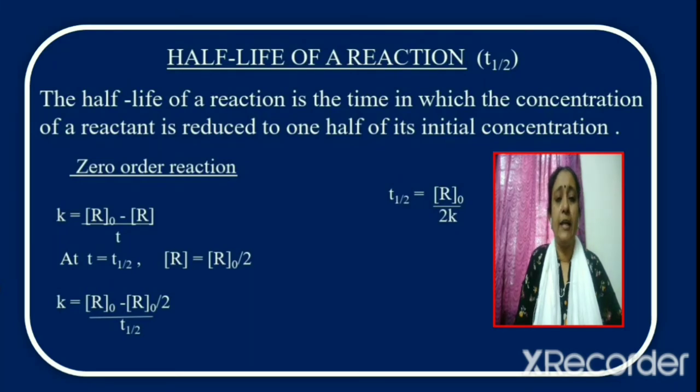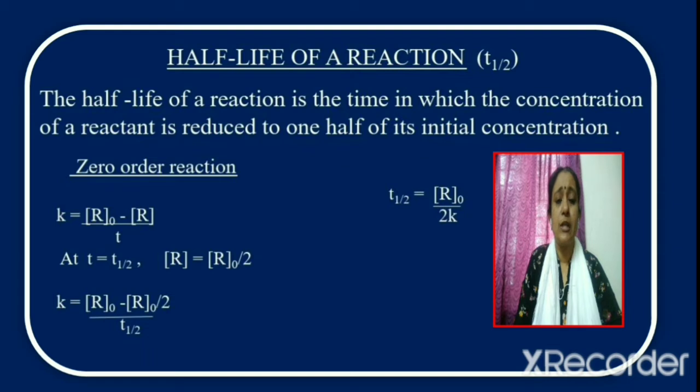What is meant by half-life of a reaction? The half-life of a reaction is the time in which the concentration of a reactant is reduced to 1/2 of its initial concentration. It is represented as t half. Let us now try to derive an expression for t half for a zero order reaction. We know that the rate constant for a zero order reaction is given as K is equal to R0 minus R by t.